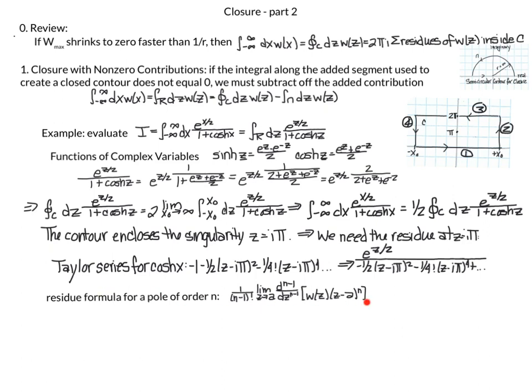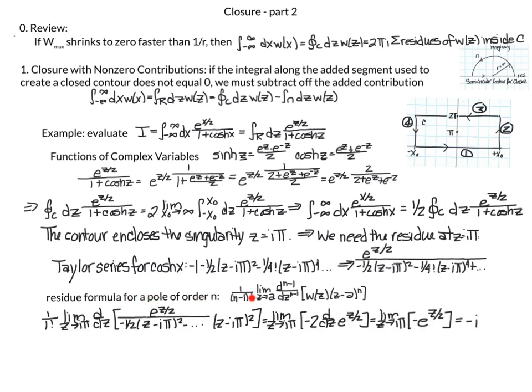And I'm going to use, again, the residue formula for a pole of order n, as well as the fact that the denominator here is dominated by the (z minus i pi) squared term. So I'm going to ignore the rest of the terms. Plugging into my formula, here I have a pole of order 2, so n is equal to 2. 1 over 2 minus 1 factorial is 1.